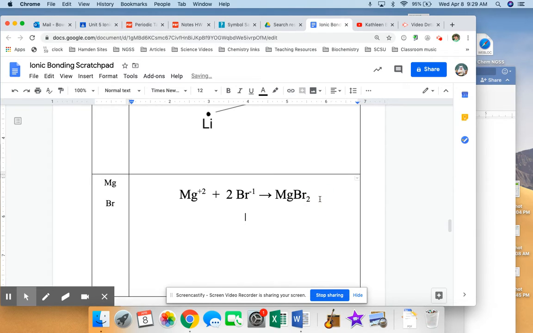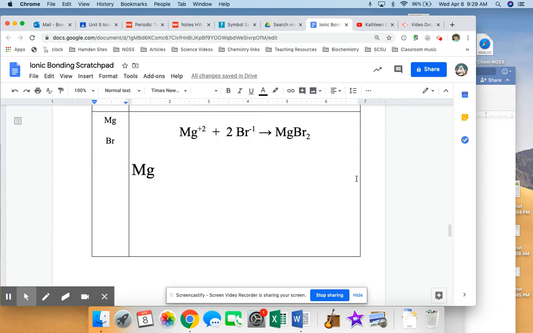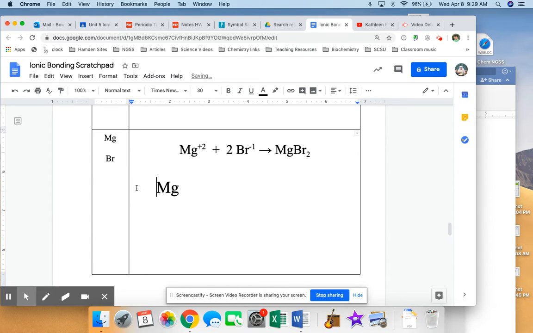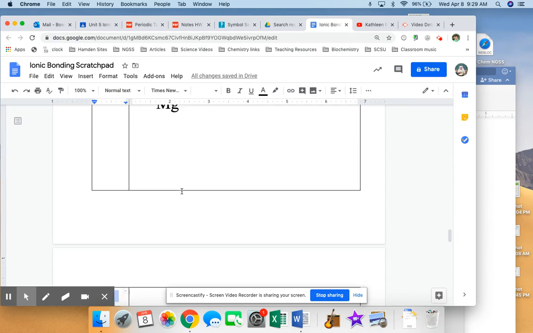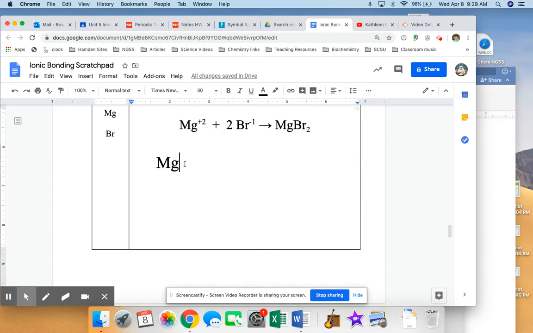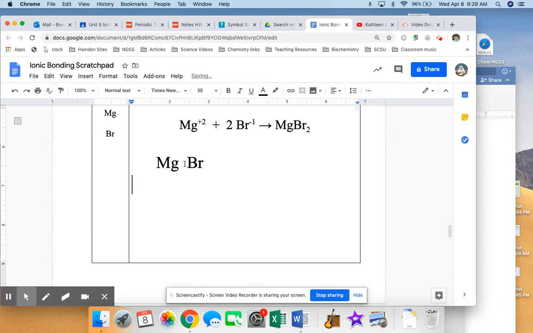So now, if we're drawing out our Mgs, we're going to need 1 Mg, 2 Brs.